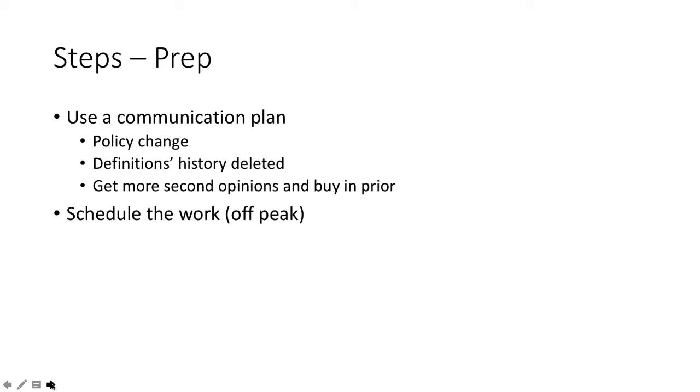So if you had a definition that had 3 versions, you would be deleting that definition and re-importing whatever was the most recently approved version. You would be re-importing that into your data cookbook, and it would show up in the new workflow as version 1. And no one would ever know that it had 2 previous versions. So there's some loss there of governance history.